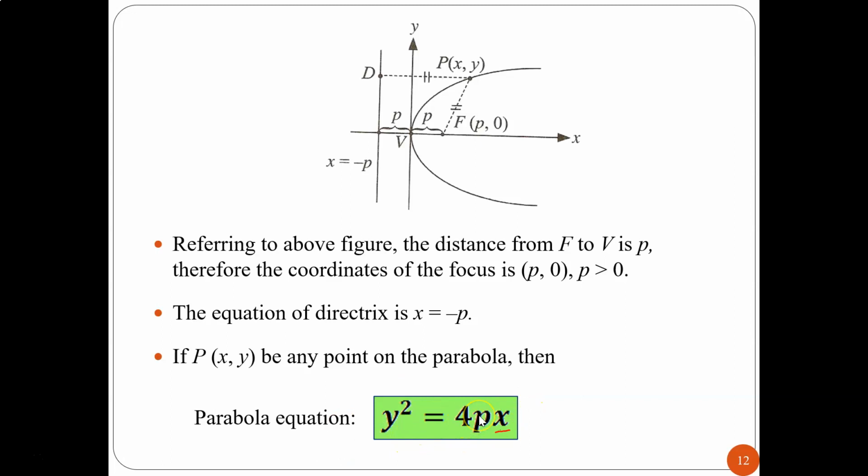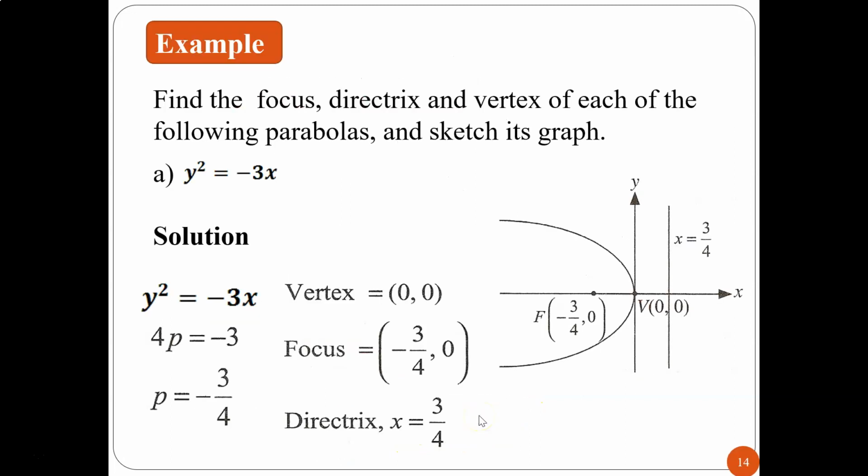When you have y squared equal to 4px, you equate the 4p with this negative 3. 4p equal to negative 3, so you have p equal to negative 3 over 4. When your p is negative, it means the parabola opens to the left. Just like this. And your vertex is automatically 0, 0 over here.